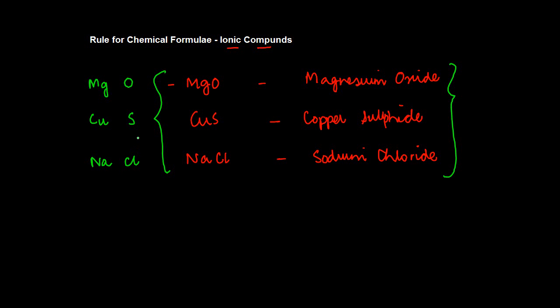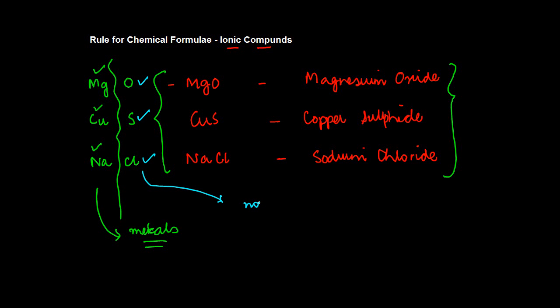If you see, all the three elements on the left side are basically metals, while all the three on the right side, which are oxygen, sulfur and chlorine, are non-metals.